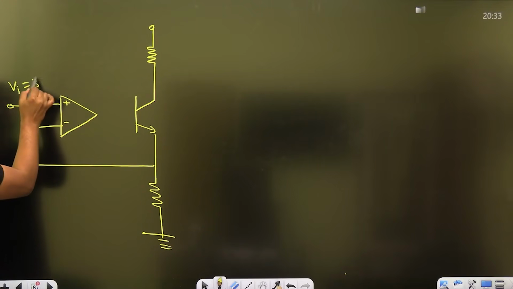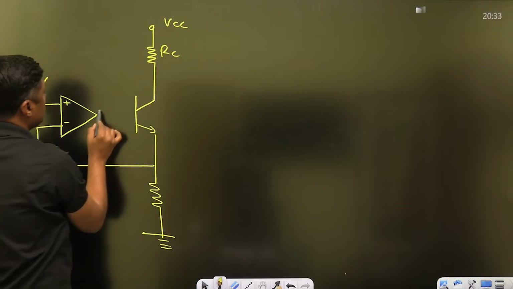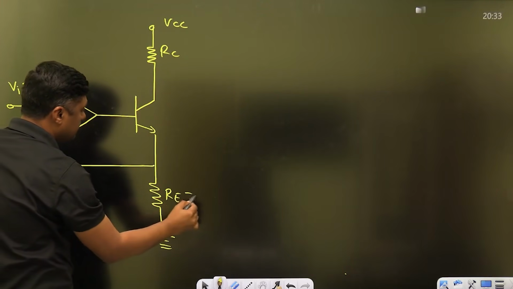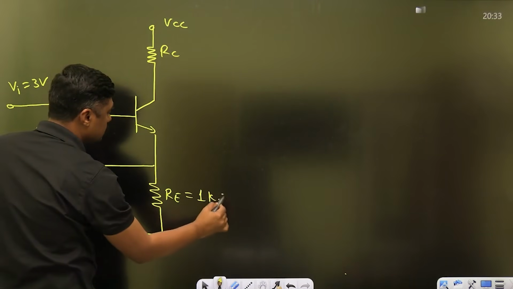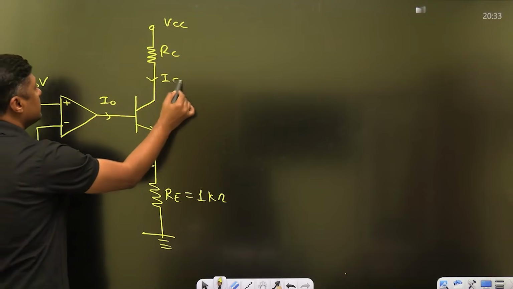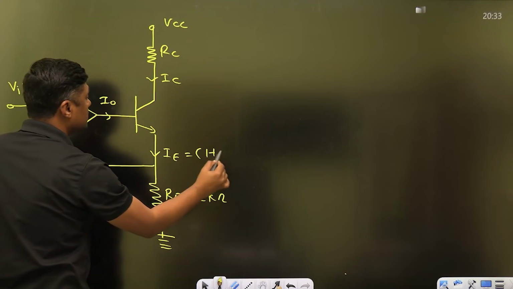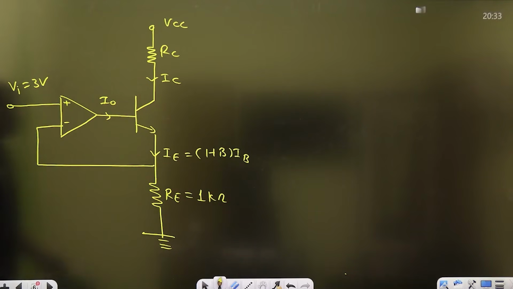RC and VCC are given, but these two are not required. Now this RE is required here. The value of RE is 1 kilo ohm. I0 is required here, this is called the base current. This is the IC, and this will become IE. IE is nothing but 1 plus beta times IB in the active region. Now, what is this value? VB.